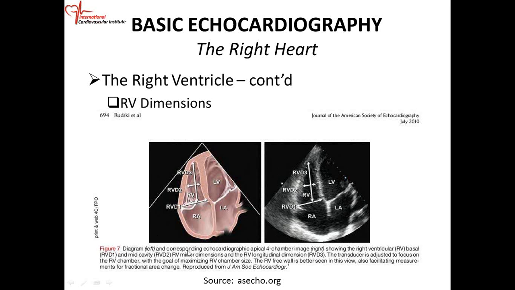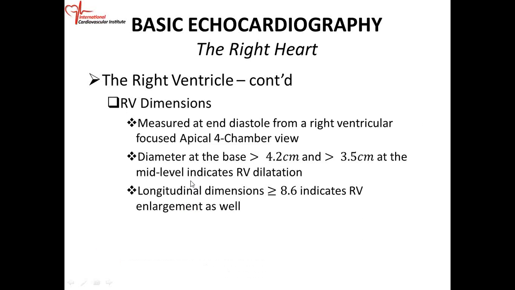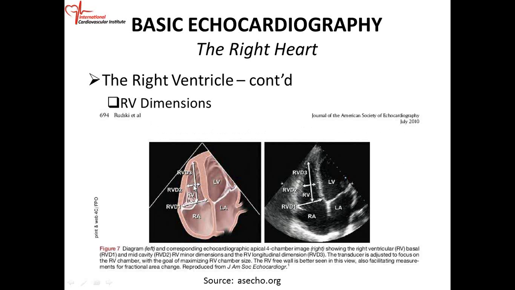So that's the basal measurement, and then the mid-cavitary measurement. In the mid cavity, you drop a perpendicular to this line, and the upper limit of this, I think, is 3.5. You have to remember these values because they'll ask you.